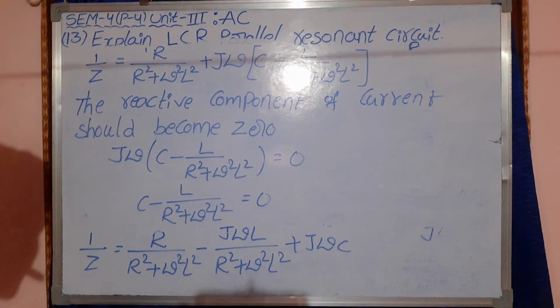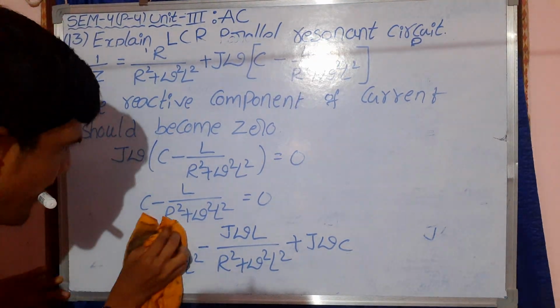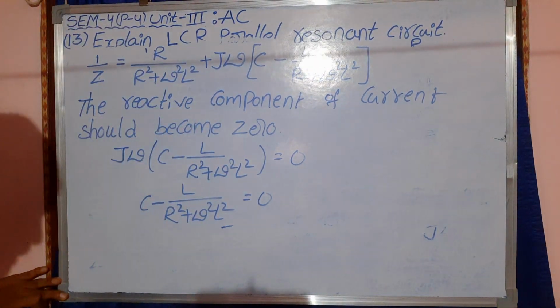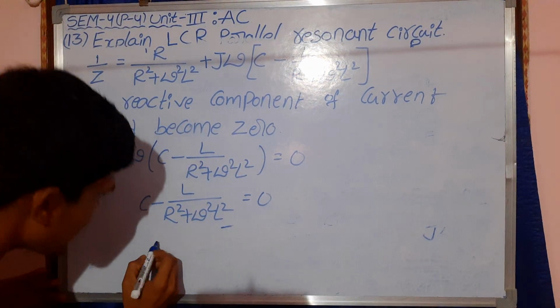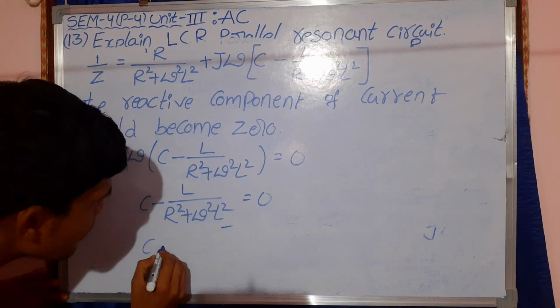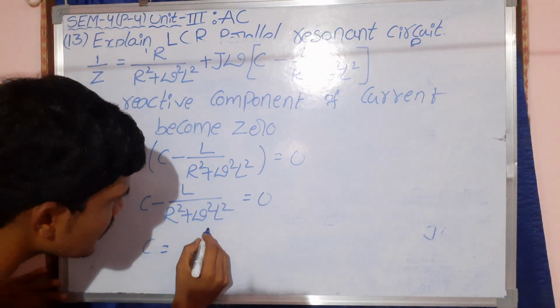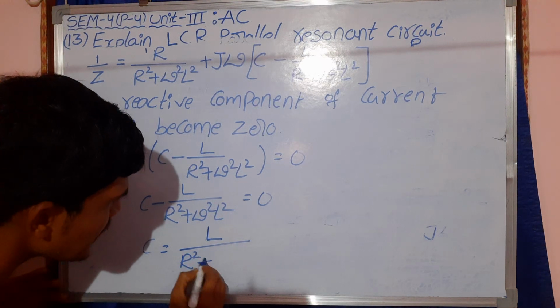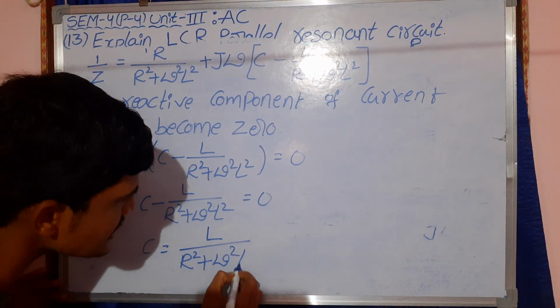Remaining, C equals L by R square plus omega square L square.